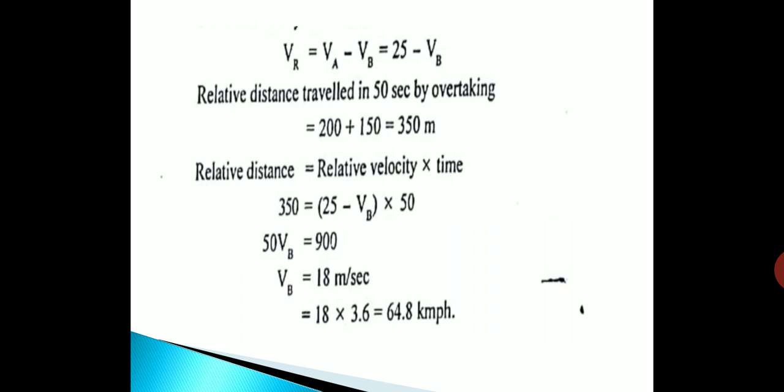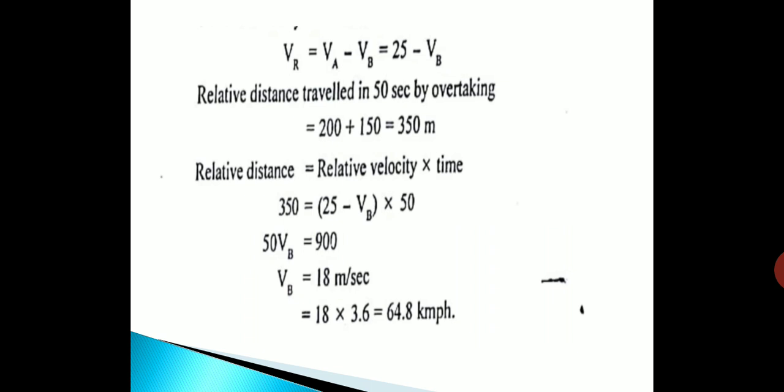If you recall, in the previous example we took the relative velocity of B with respect to A and our equation was VB minus VA, whereas here we are taking the equation in terms of the known quantity, which is the velocity of train A. So the equation comes out as VR is equal to 25 minus VB.